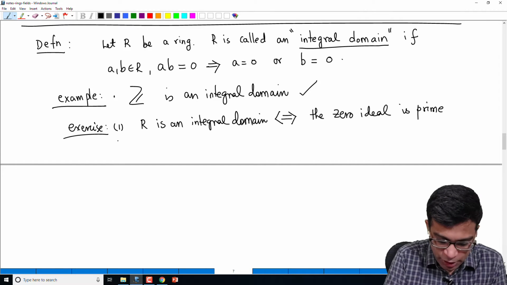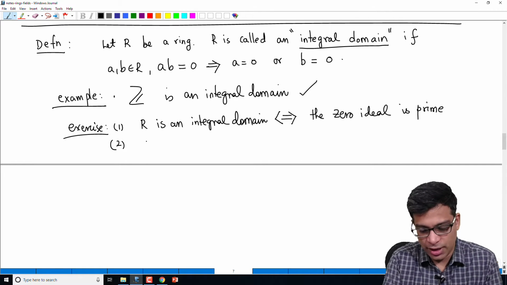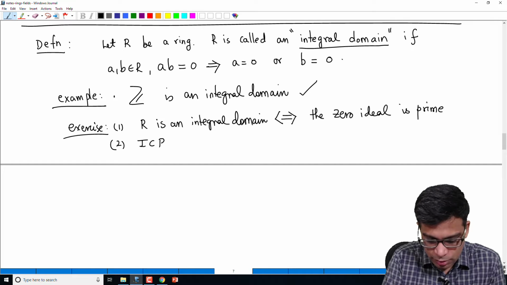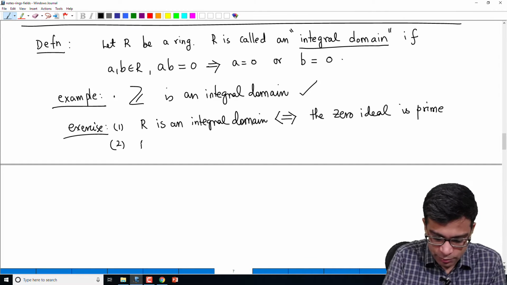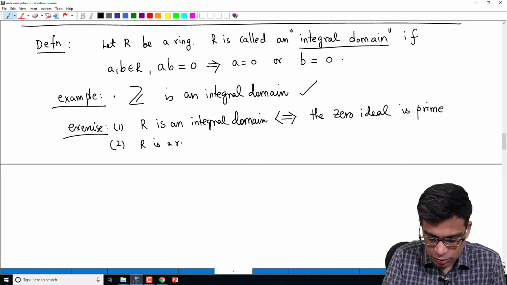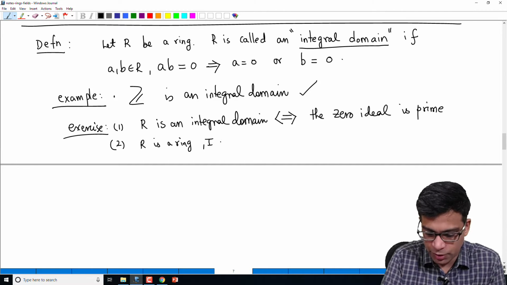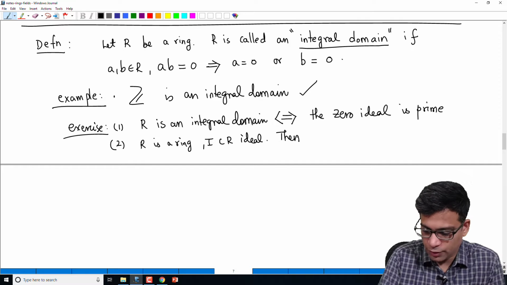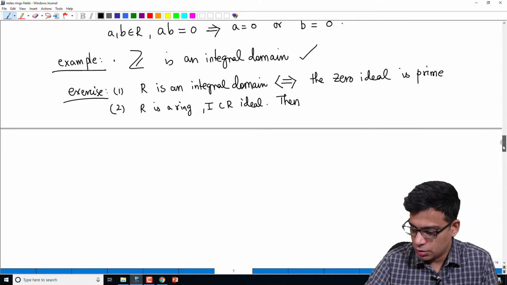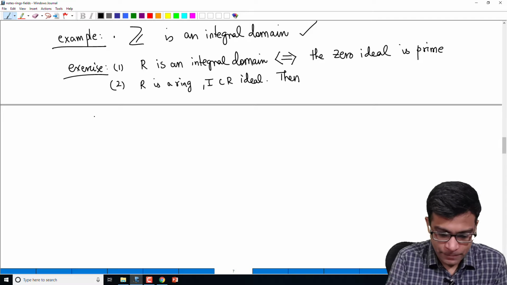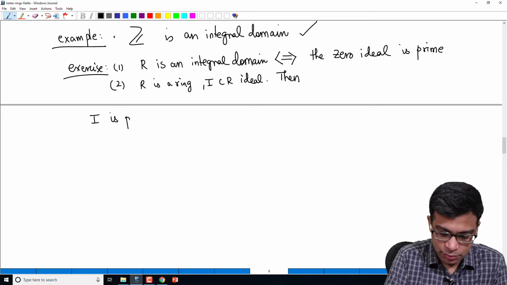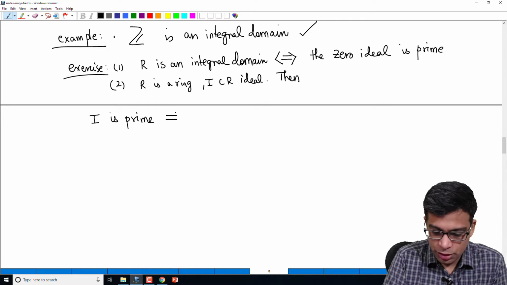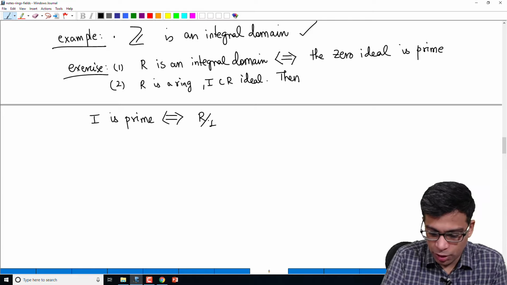An equally simple exercise is this. Let R be any ring and let I be an ideal of R. Then we have the following equivalence: I is prime if and only if R mod I is an integral domain.